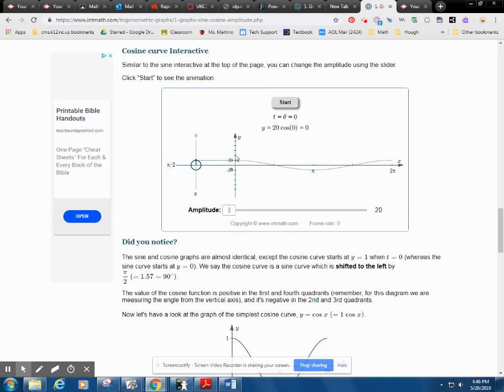So I'm going to push play. And you see cosine starts up here where the length of the radius is, and then it goes to 0, then down, then back to 0, then up.